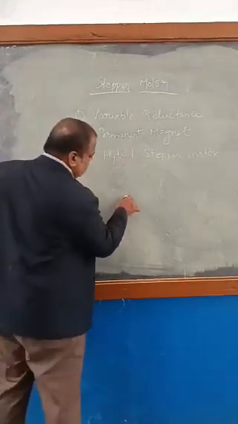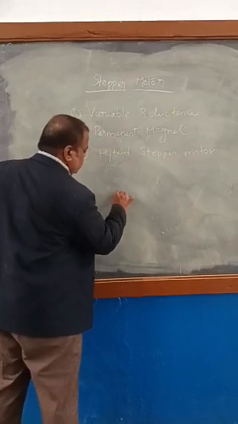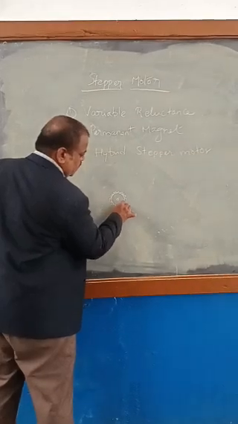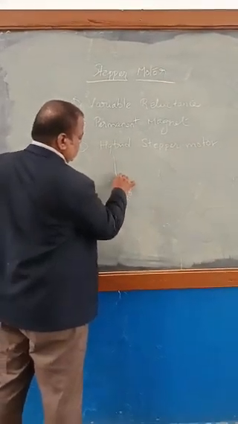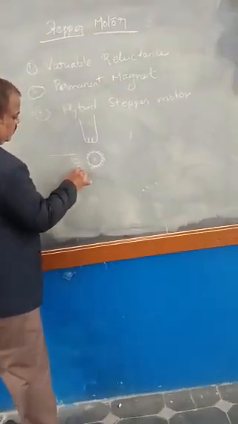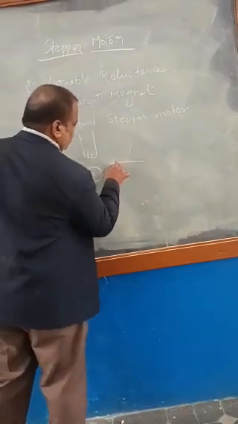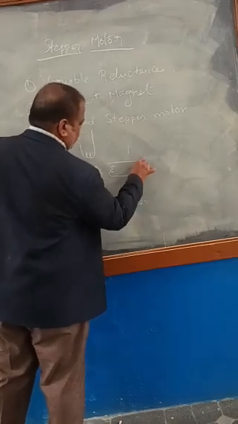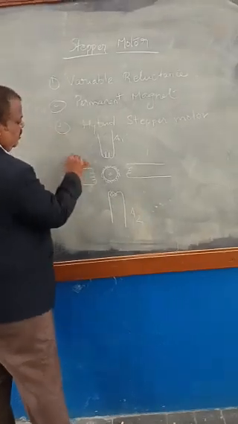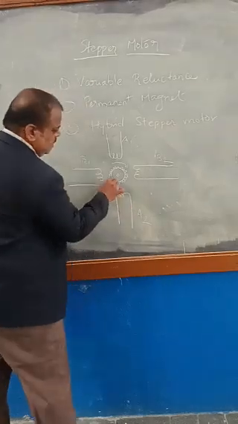In the center there will be a rotor, and these rotors are made up of teeth. There will be poles: these are the poles A1, A2, and these are the poles B1 and B2, and the one in the center is the rotor.